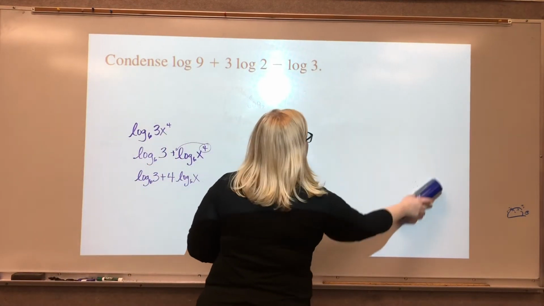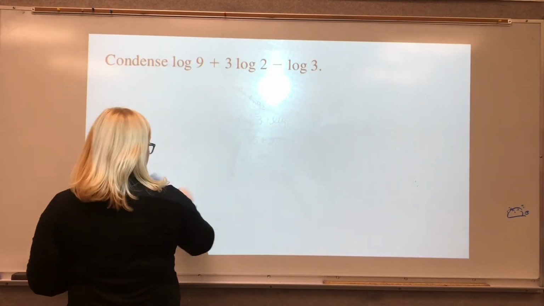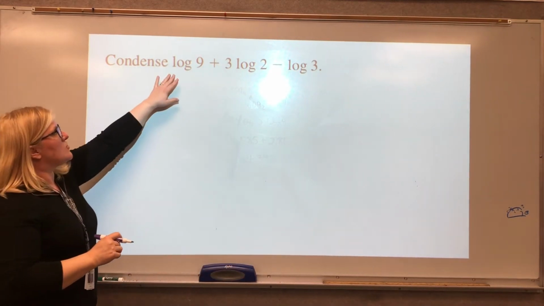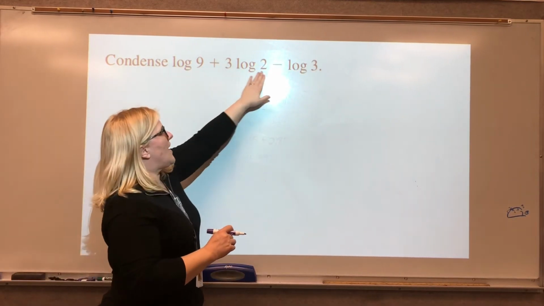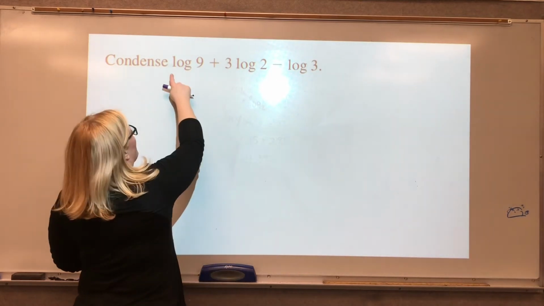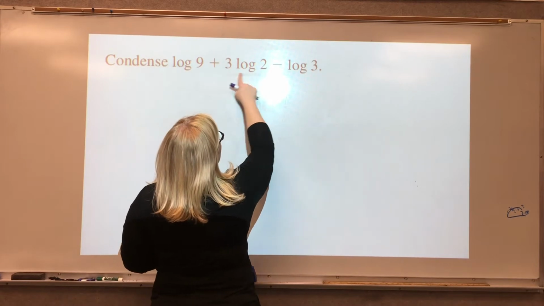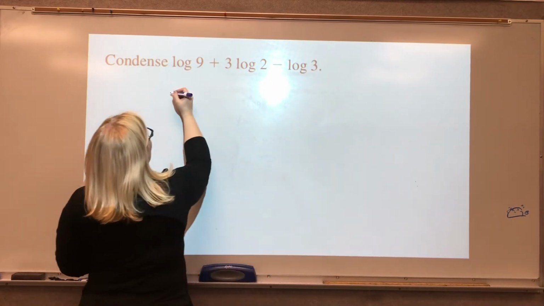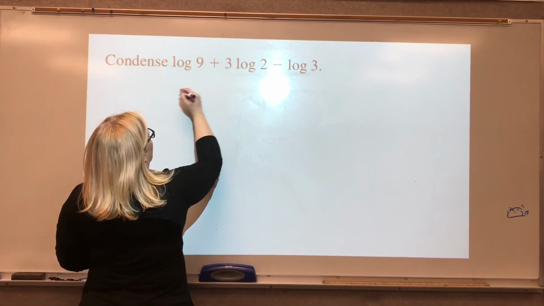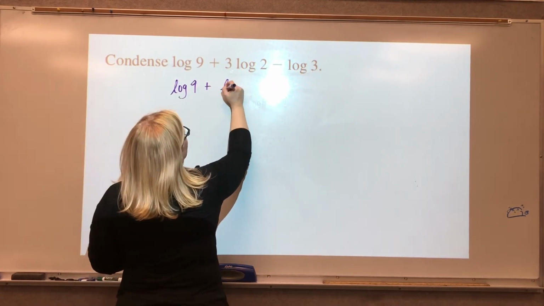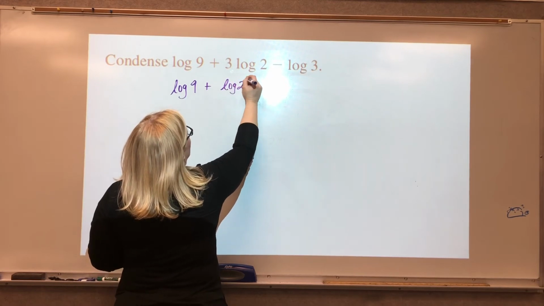Okay, so condensing is the opposite of expanding. So now we're going to take each one of these terms and look to see if there's anything we can do with them first. Okay, log 9, there's nothing. There is something I can do here, and there's nothing I can do with this one. So this one, I got log 9. This is plus log 2 to the 3rd.